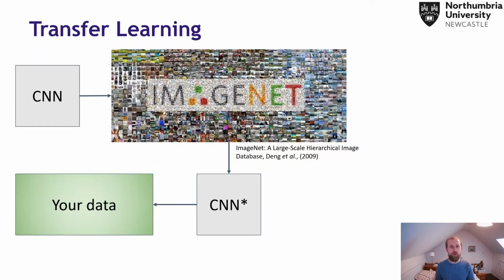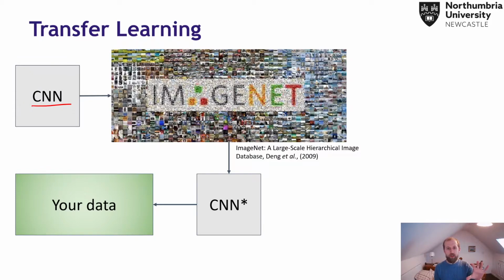Right, so hopefully you've had a think, and this is the solution, which is that you would first train your CNN on ImageNet, and then once you have that trained CNN, you have all of the features that are optimized for all of these different categories.